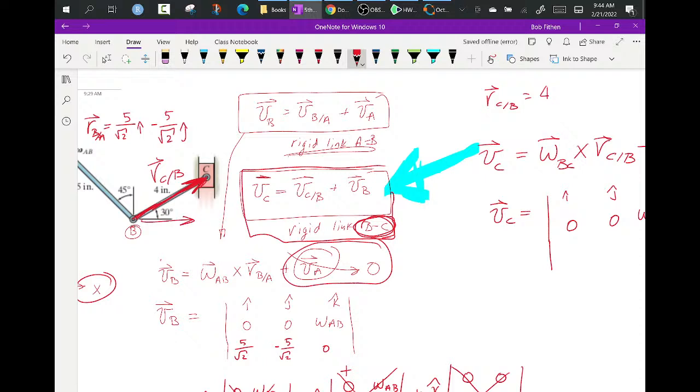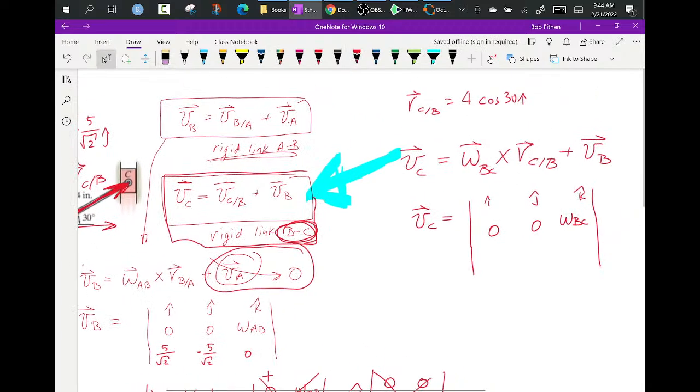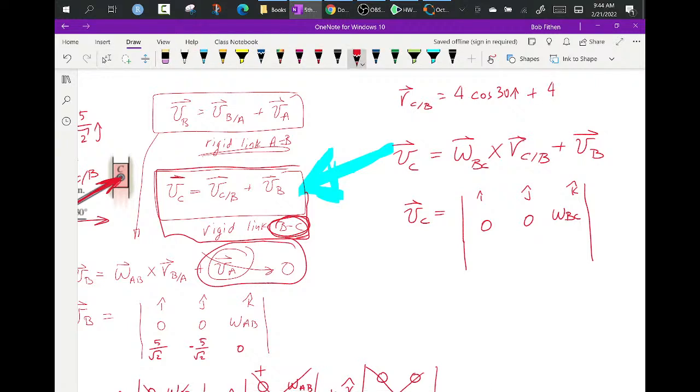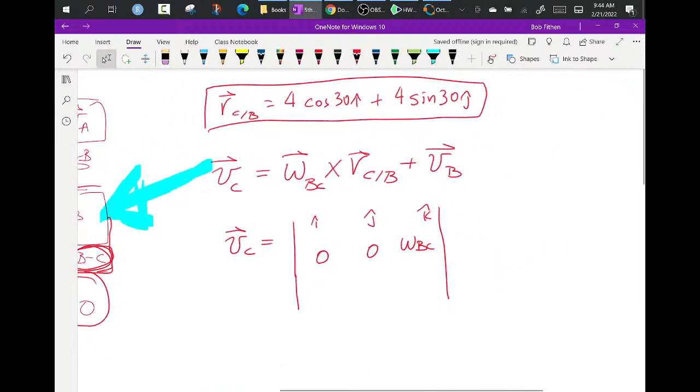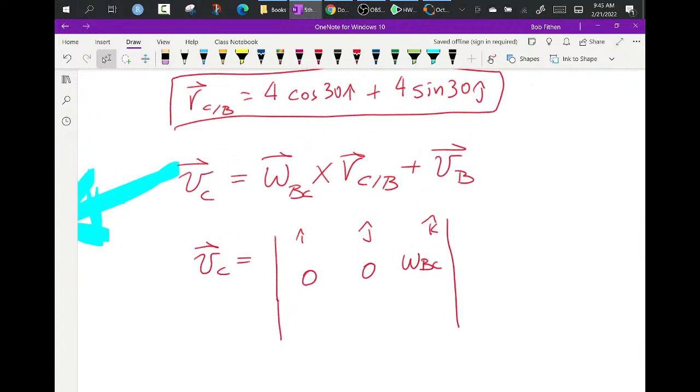I got a component going that way, cosine 30, I, and then I got a component going up, plus 4 sine of 30, J. So I got that. For me, I'll be a little lazy and say 4 cosine 30, that's my shorthand for that, and then 4 sine of 30, and then nothing.